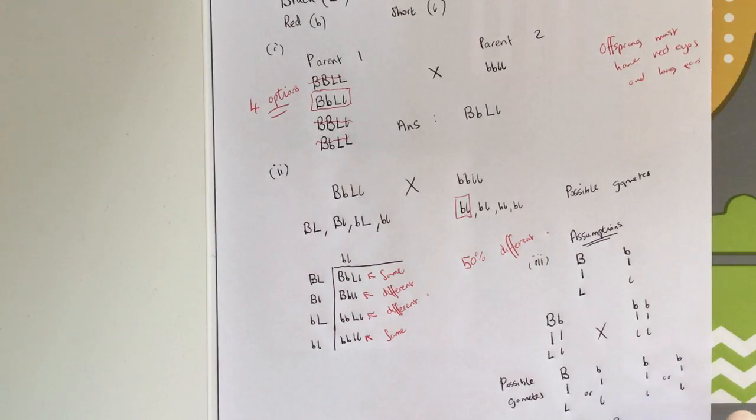Big B, big L again could go with small b, small l. Small b, small l could go with small b, small l. And small b, small l again could go with small b, small l. So what have we learned from this? Well, again, 0% different.